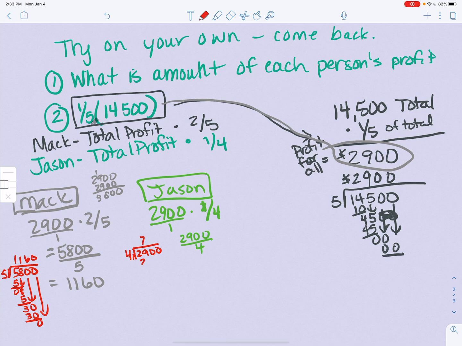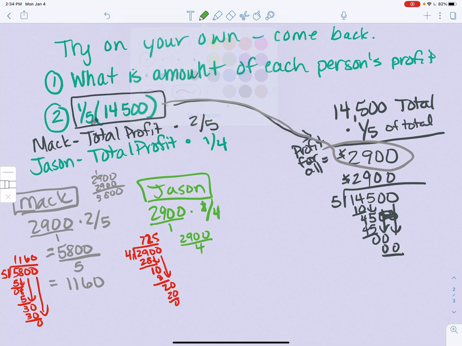That's as close as I can get. 4 times 7 is 28. And then 1, bring down the 0. It goes into that twice. 2 times 4 is 8. That's 2. Bring down. And 725 is my answer.